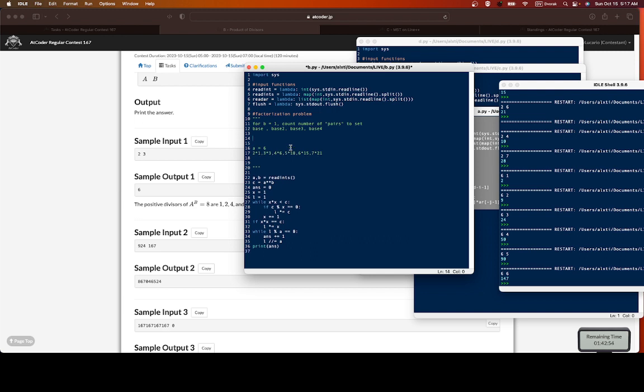Let's do another. A equals 2 gives 1 times 1.